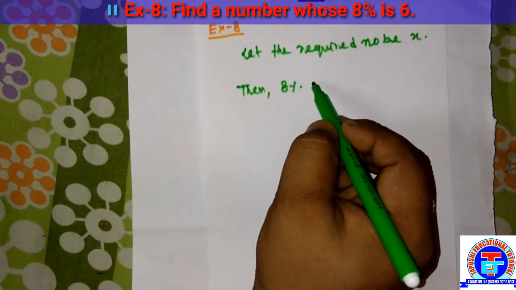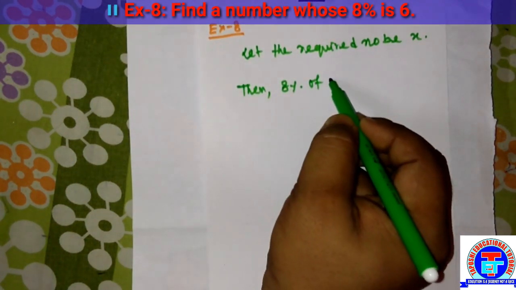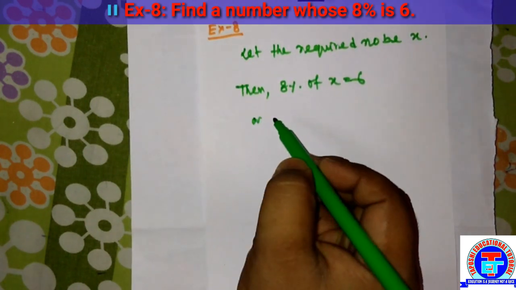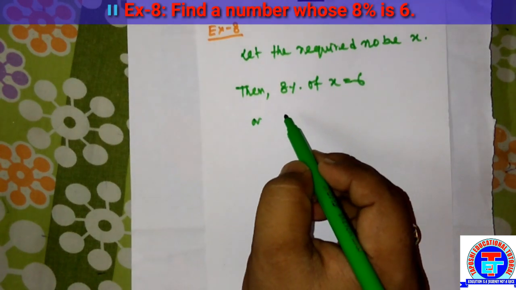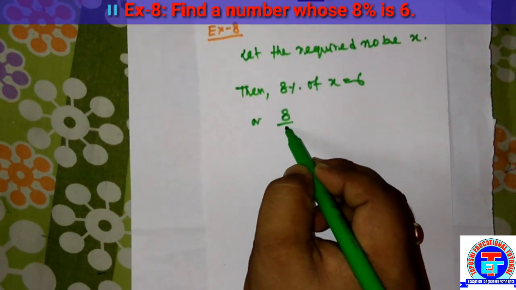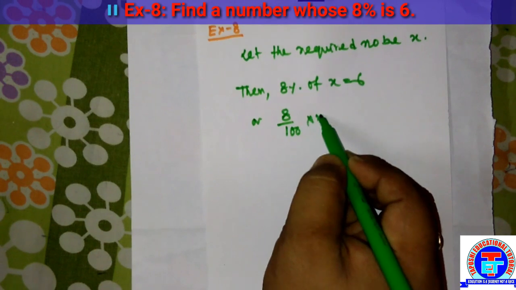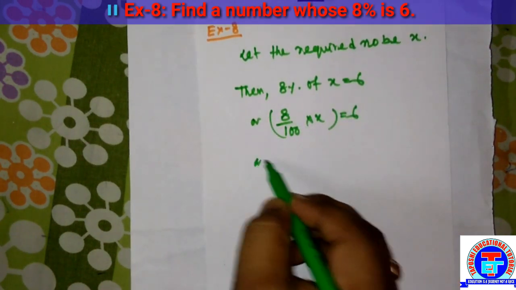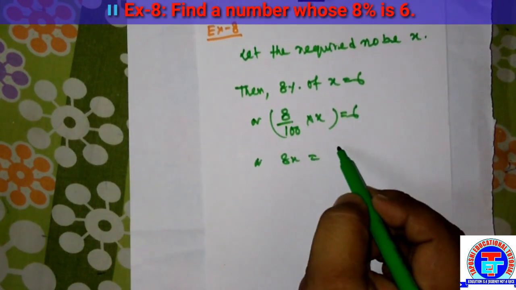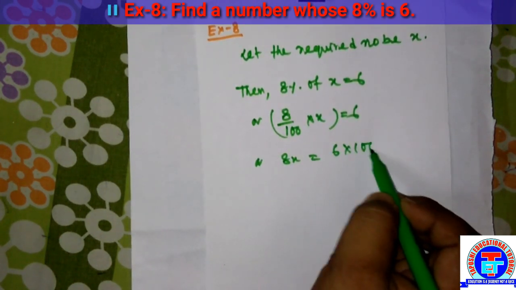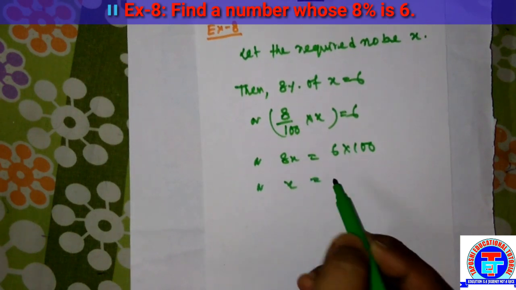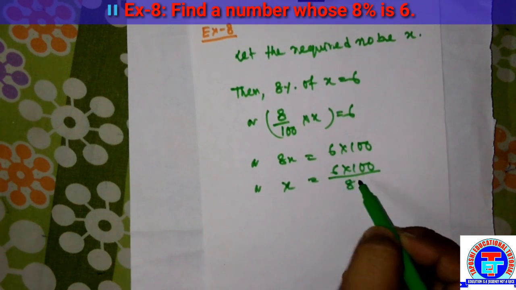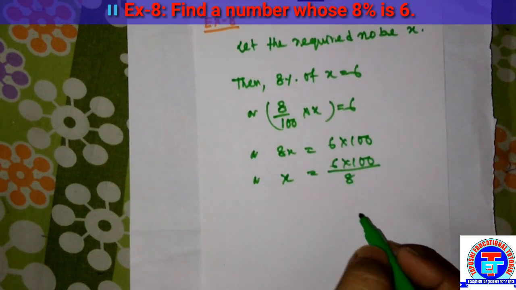Now according to the question, we write 8% of x is equal to 6, or we can write 8 by 100 into x is equal to 6, or 8x is equal to 6 into 100, or x is equal to 6 into 100 divided by 8, right?